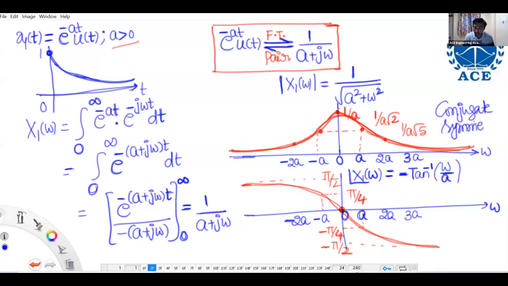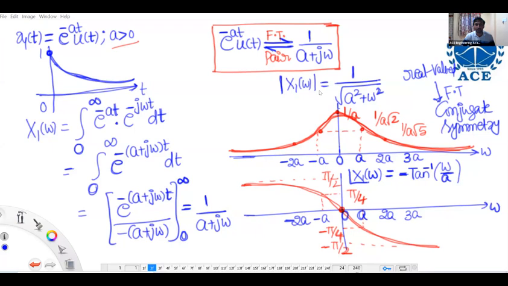So the Fourier transform of a real valued signal, real valued meaning that at any instant of time the amplitude of this decaying exponential is a real number, exhibits conjugate symmetry. Magnitude is even symmetric, phase is odd symmetric. Very good.